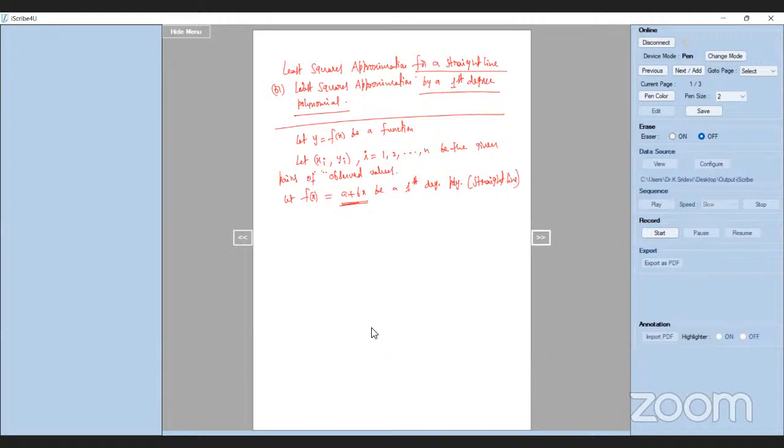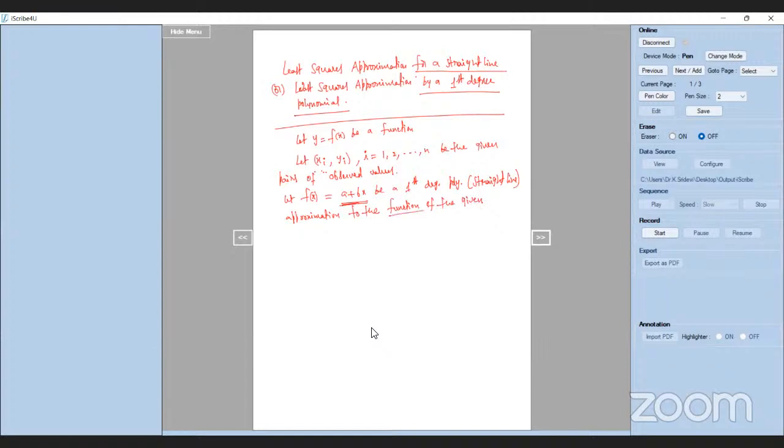Suppose here I am assuming this first degree polynomial approximation to the function or polynomial of the given data, whichever data will be given.